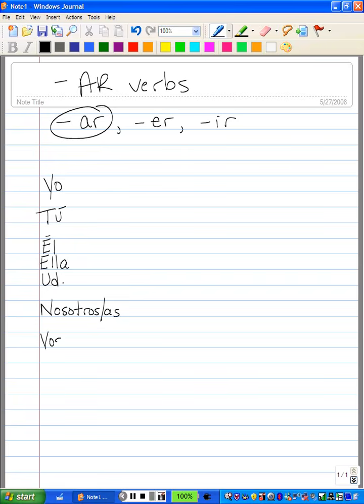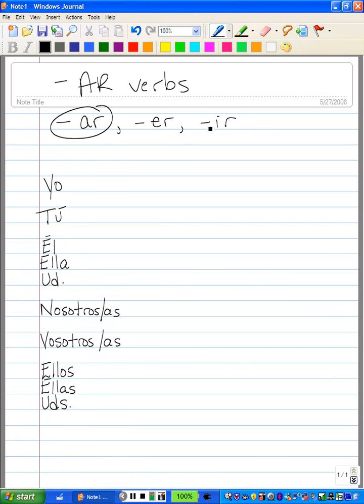Then you have vosotros, or vosotras. And then the sixth set, you have ellos, ellas, and ustedes. Just like I told you in Lesson 1, these pronouns never change. They're always in this order no matter where you find them.